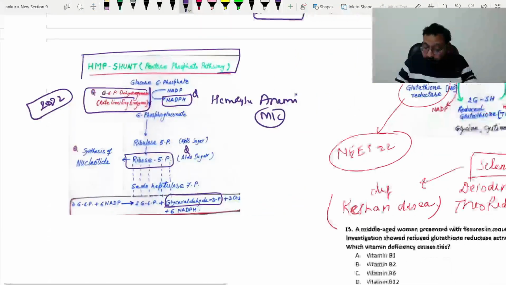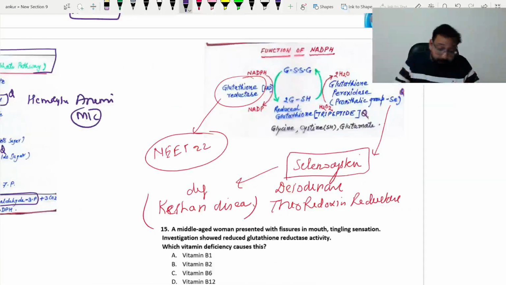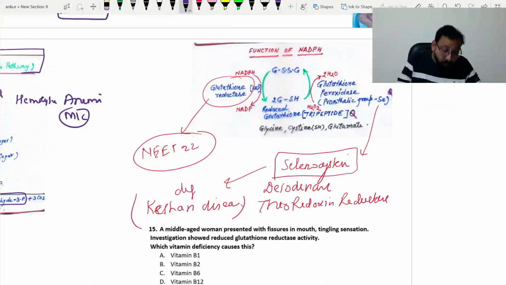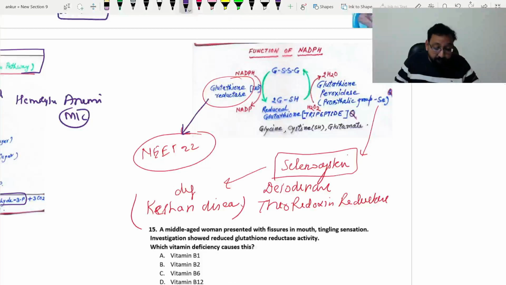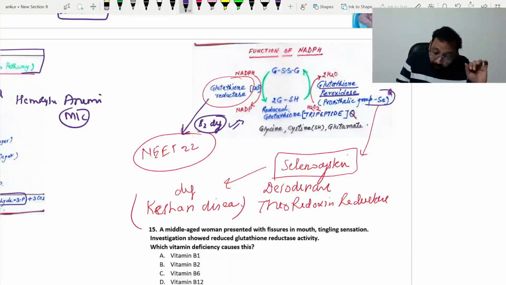Okay. This topic is very important. A question was asked: glutathione reductase activity is decreased in B2 deficiency. B2, FAD, is the cofactor for glutathione reductase. Glutathione peroxidase's prosthetic group is selenium. Old question.